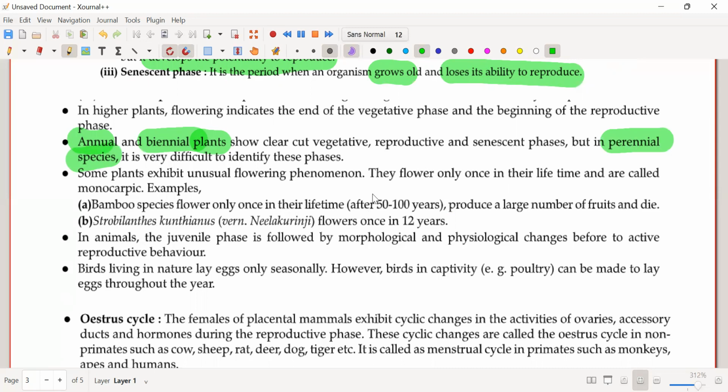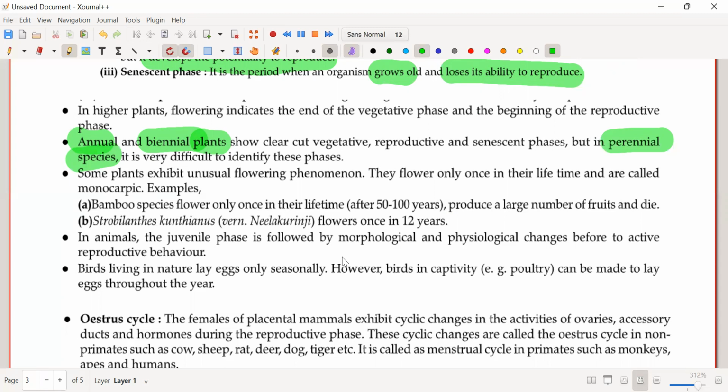No idea? You should have some idea regarding annual. What is annual? What is biennial? And what is perennial species? Okay. Annual is when the complete lifetime of the plant, from seedling sprouting to its death, happens within a year.